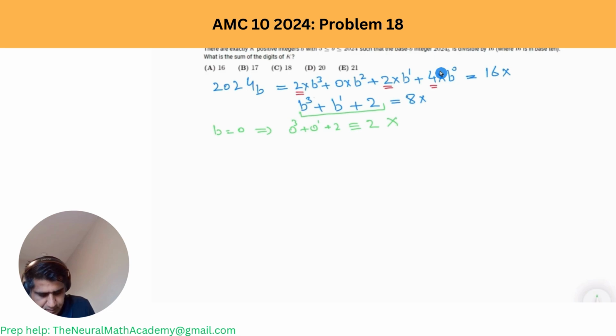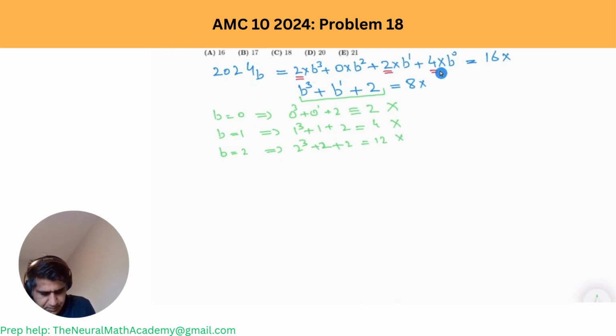Next, let's check with 1. Now I get 4. That is still not divisible by 8. Next I get 12. So that is still not divisible by 8. Now I get 32. And 32 is divisible by 8.